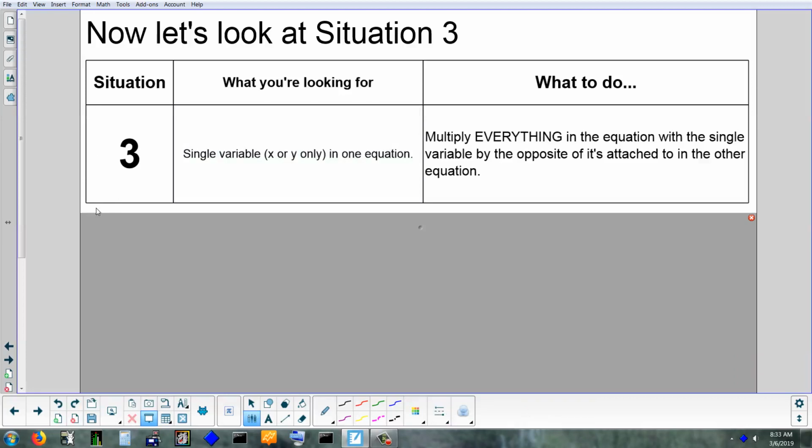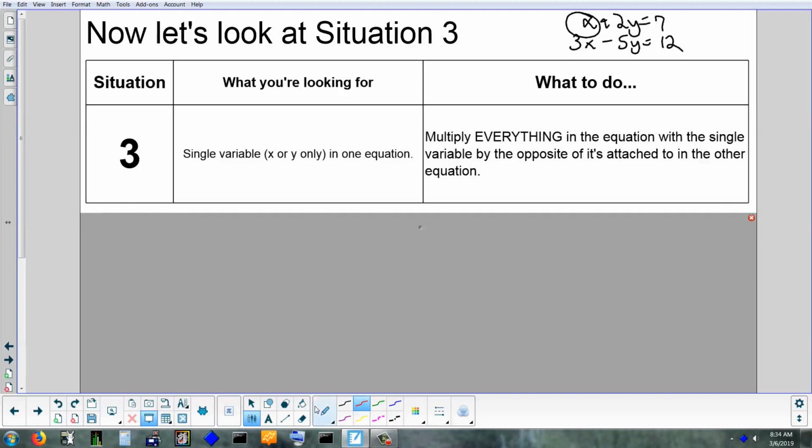We have a single variable, an x or a y only, in one equation. Like, say we had x plus 2y equals 7, something like that. I have a single variable in one of the equations, right here.